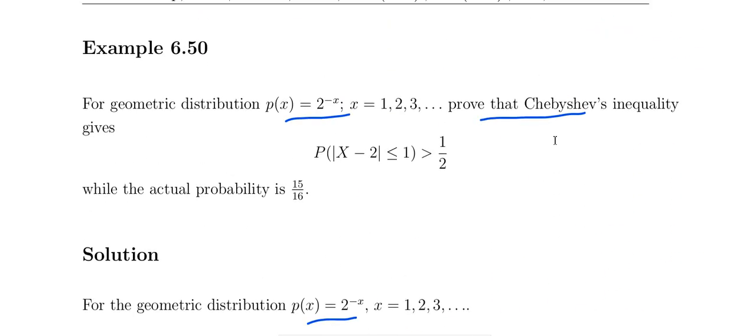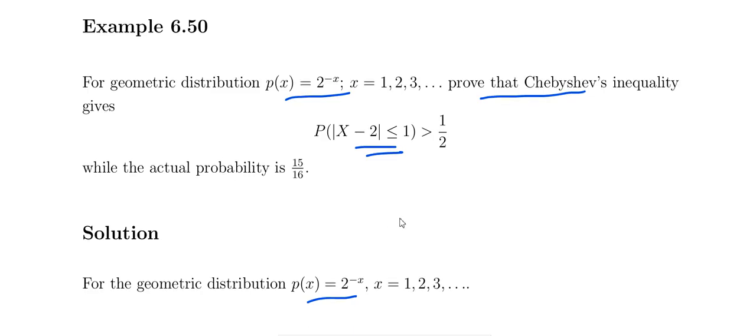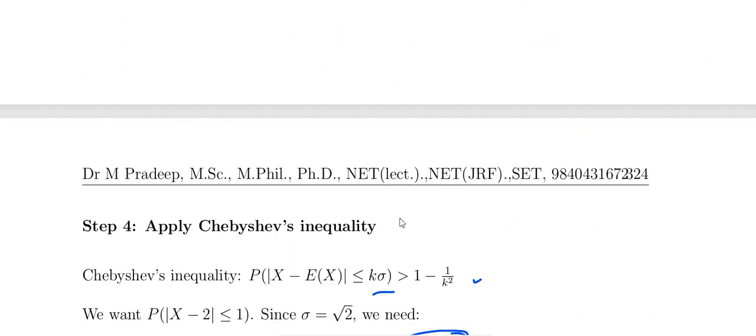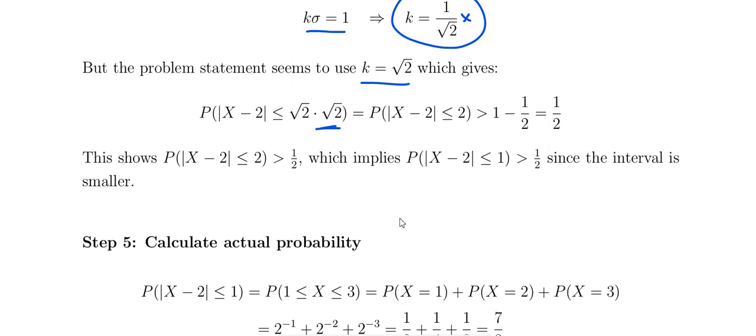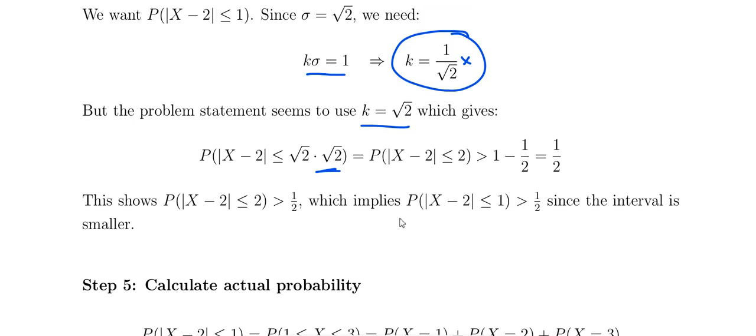So that is less than or equal to 1. Okay, so less than or equal to 1 means k equal to 1 by root 2, that is X minus 2. Root 2 into root 2 gives 2.